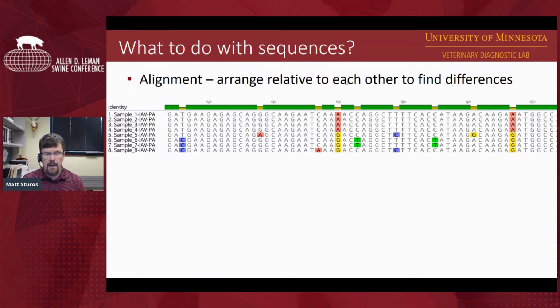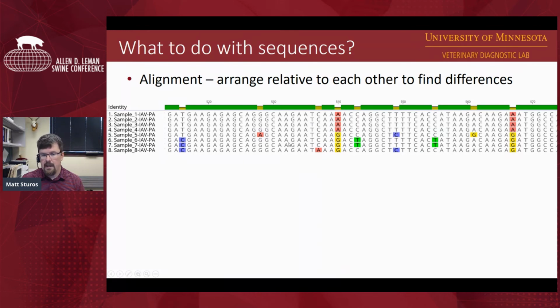And so there are some that seem to be carried through. So these first 4 sequences, you'll notice that in position 540, they all have A's, and the second 4 sequences in position 540, they all have G's. And so there are times when you see large groups that have the same mutation, but then when we look in this, the first 4 besides that are fairly similar to each other.